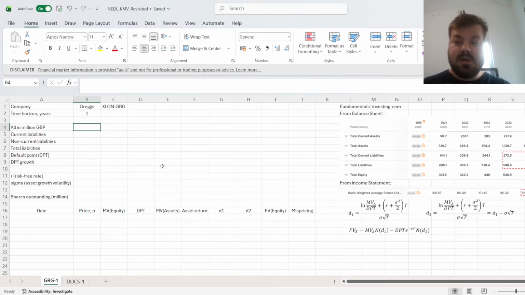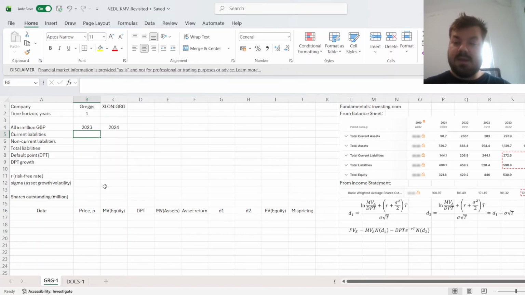So for fundamental disclosure, we require 2 years of information. We need both the most recent year, and for Greggs it's year-end 2024, as well as the second most recent, so the year before, 2023. And in terms of the fundamental data, we only need 5 data points. We need current and non-current liabilities. So from investing.com, we can retrieve current liabilities and total liabilities, and then figure out non-current liabilities by just subtracting the current from the total.